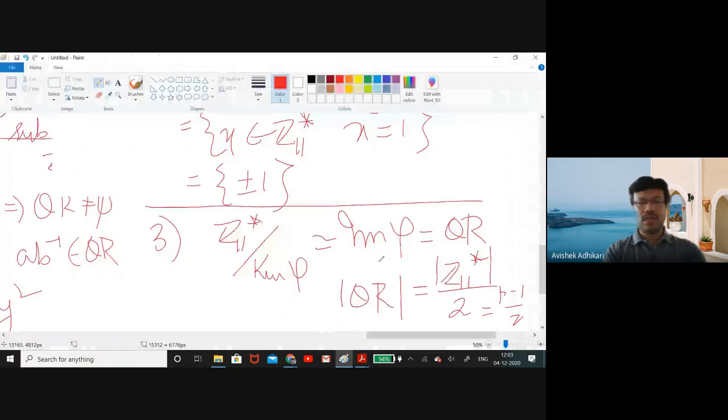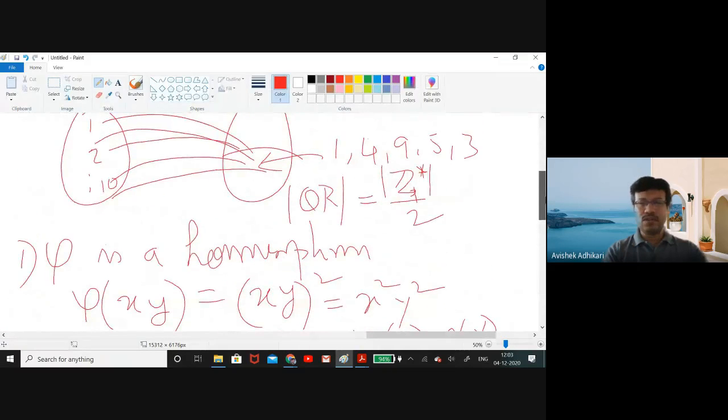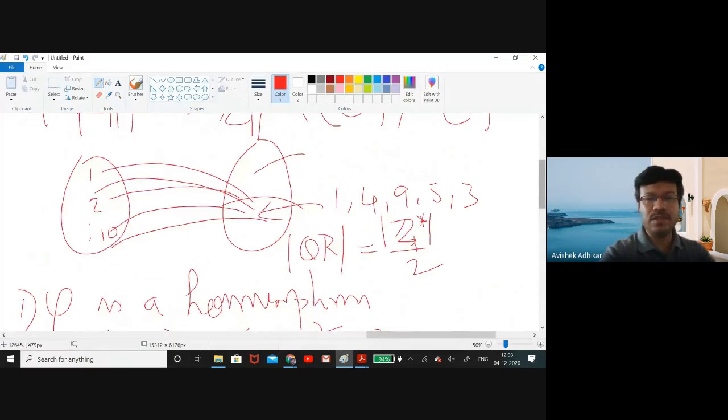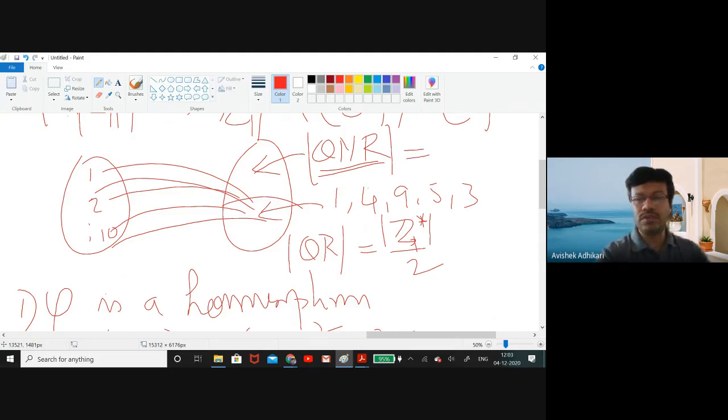As I mentioned, an element is either a quadratic residue or a quadratic non-residue. If this size is mod Z p star by 2, then the size of the quadratic non-residues will also be the same, Z p star by 2. That means the number of quadratic residues and quadratic non-residues are exactly the same. Clear? So that is where we started.